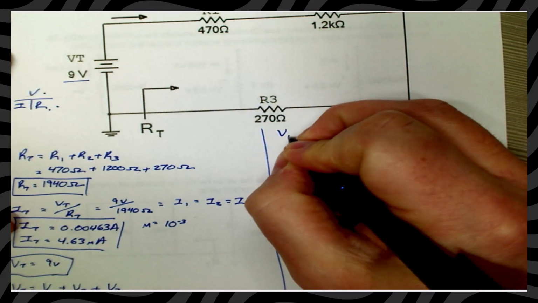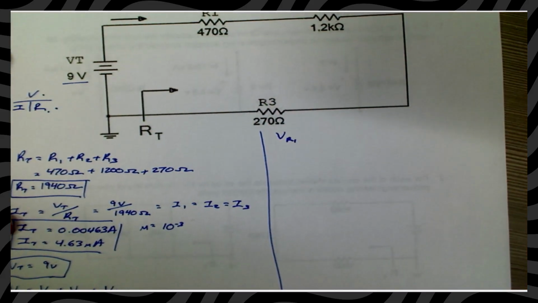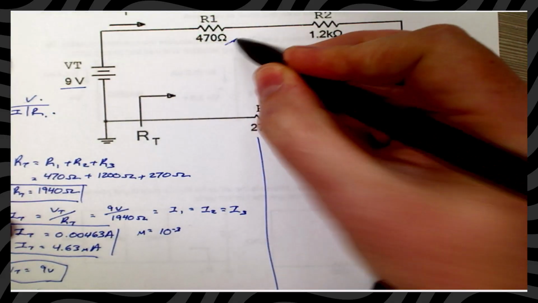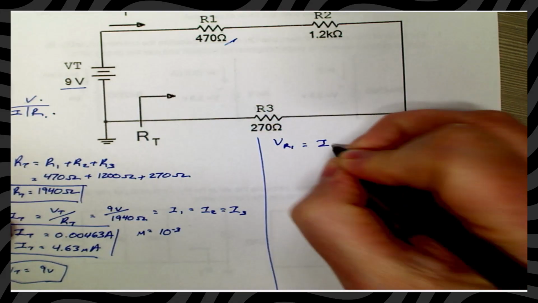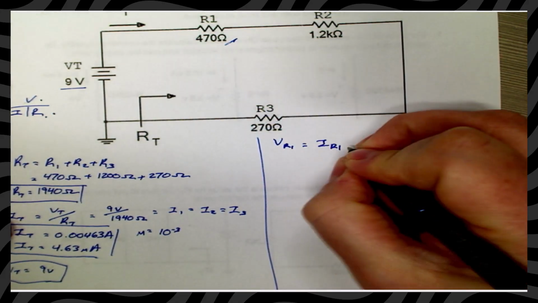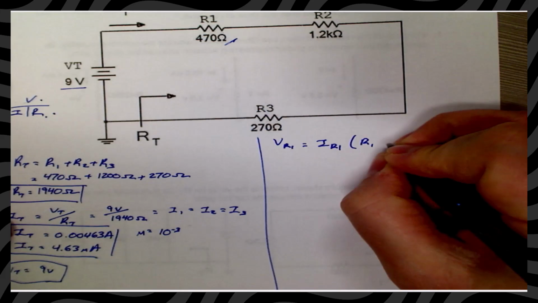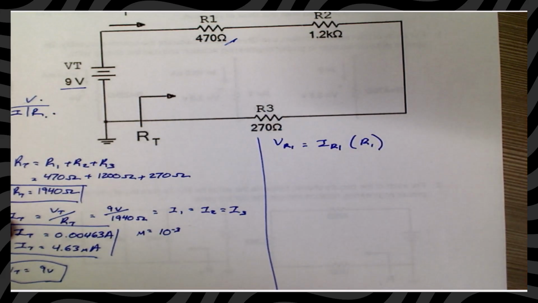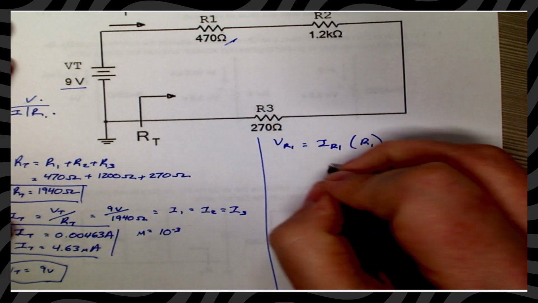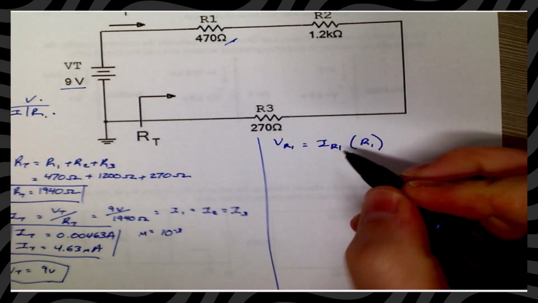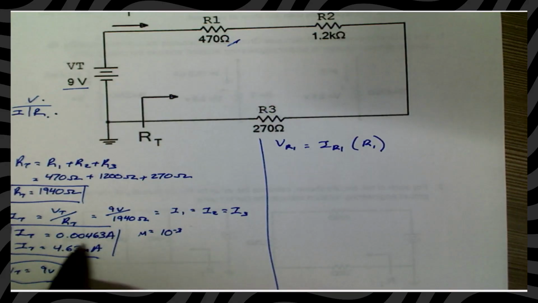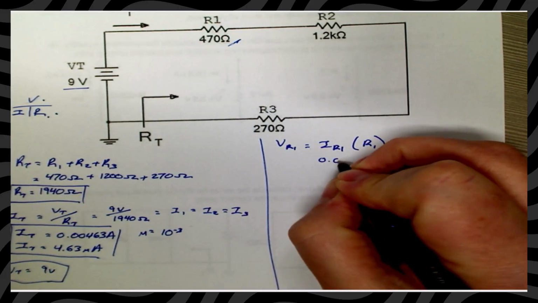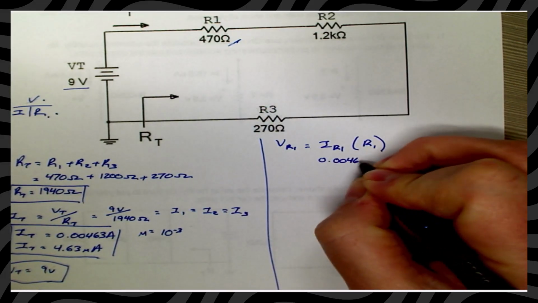Okay, so let's break it down. Let's do our voltage at resistor 1. The voltage at resistor 1 is going to equal our current at resistor 1 multiplied by the resistance of resistor 1. In this case, remember, our current at resistor 1 is equal to our total current, so it's 0.00463 amps.